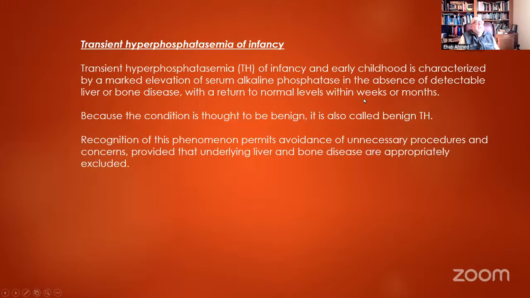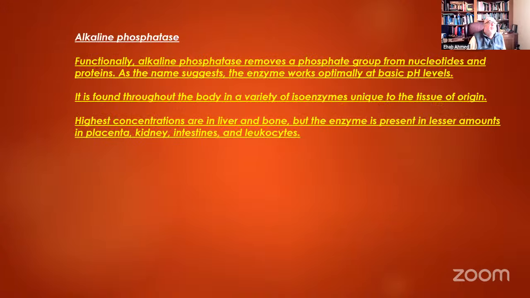Just keep an eye on this baby, do a careful workup, do careful imaging of the bones, and then if nothing is abnormal, this baby might have transient hyperphosphatasemia of infancy. But I'm not asking you to miss hypophosphatasia. Just if the baby is asymptomatic and for some reason the alkaline phosphatase was low, just do everything you can do and then keep an eye on the baby because this baby might improve on its own.